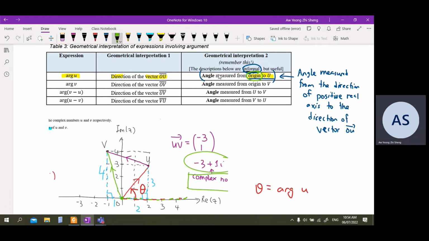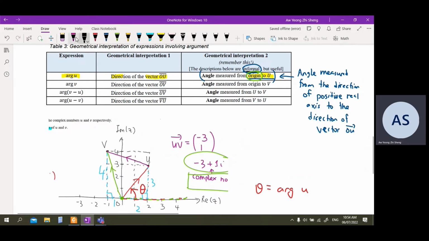So the angle measured from origin to u is measured from a horizontal line starting from the origin, towards a slanted vector that connects origin to u. That's what I mean informally by angle measured from origin to u.